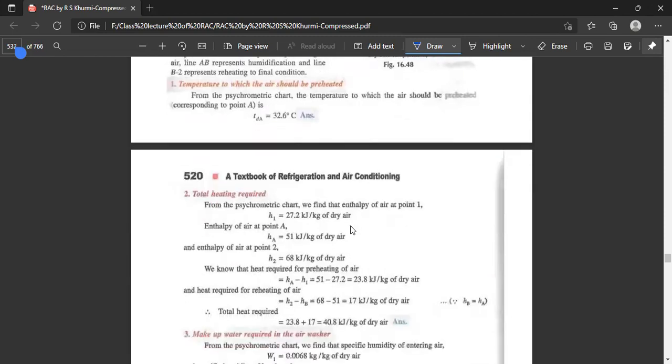Now, the heating required for preheating the air is HA minus H1, the difference between these two enthalpies, 23.8. The heat for reheating the air is H2 minus HB, 17 kJ per kg. Both these heats added together give the total heat added.